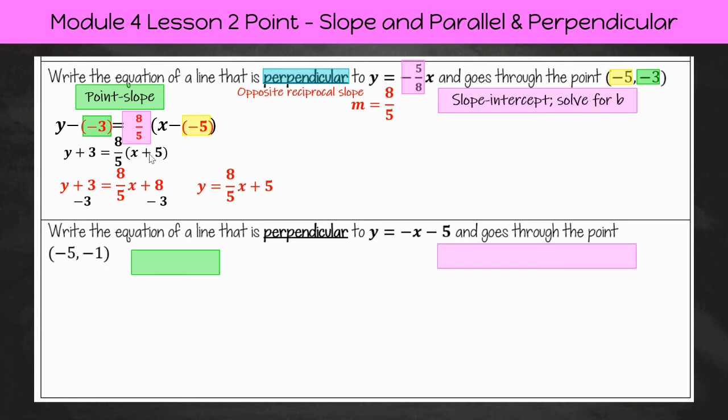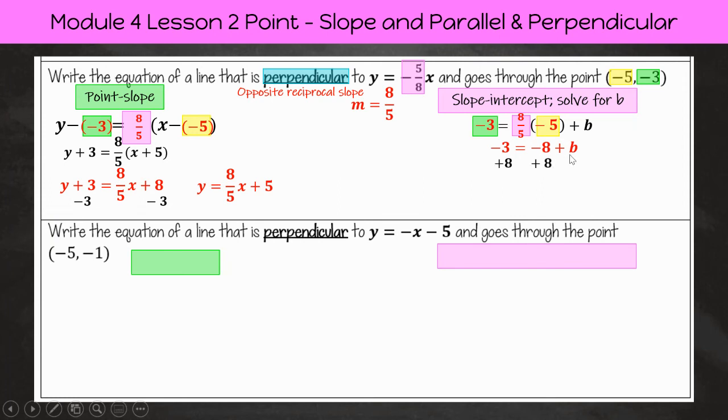Now, if you decided to plug this into slope-intercept form and solve for b, this is what it would look like. So negative 3 is equal to 8/5 multiplied by negative 5 plus b. So when I multiply 8/5 times -5, I'm going to get -8. So now I have -3 is equal to -8 plus b.